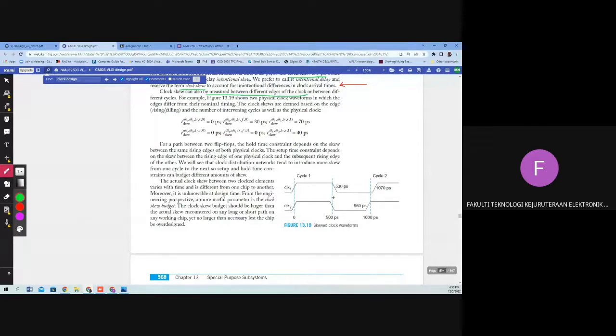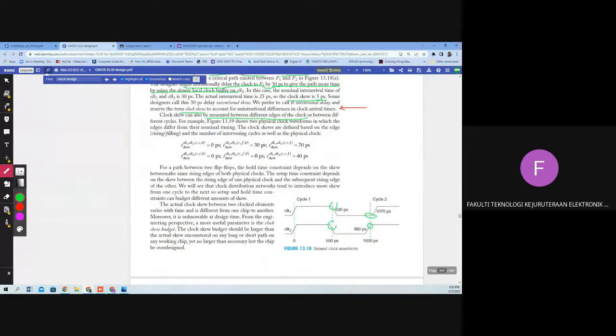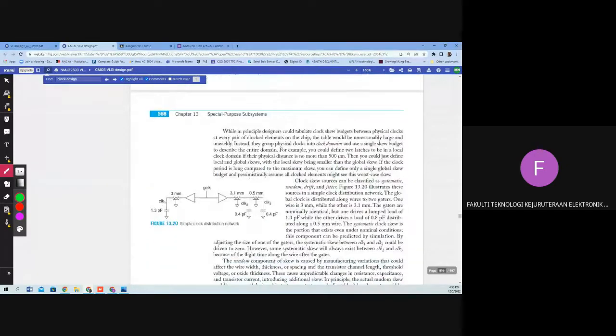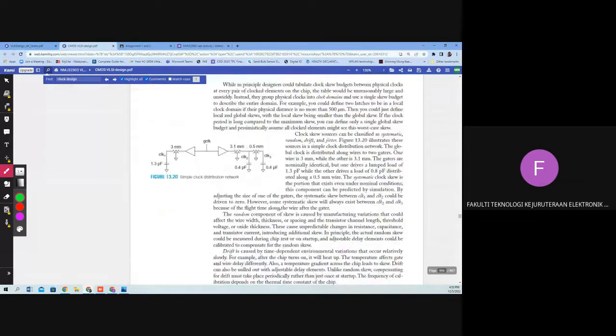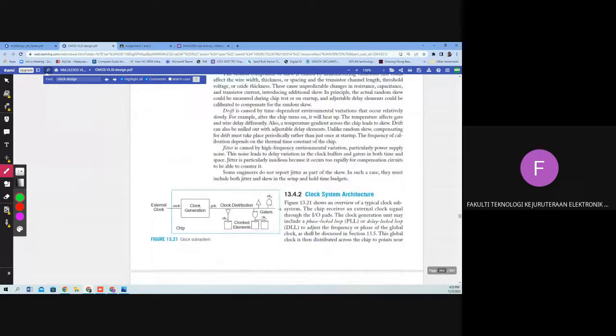See the difference here and here. You can read the explanation on your own. I planned to go into this, but we don't have enough time. Maybe we will continue next week.